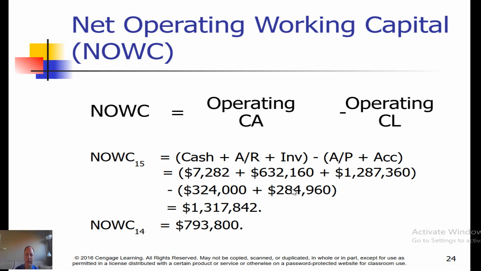Taking the operating current assets minus operating current liabilities, we get NOWC for 2015 of 1,317,842. We do the same calculation for 2014 and get 793,800. Again, NOWC has drastically increased from 2014 to 2015.